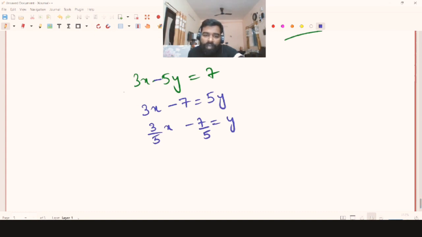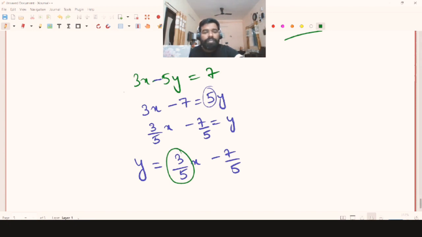That's the reason I have crossed this 5 to the denominators. So now you can see that y is equal to 3 by 5 x minus 7 by 5. This is the slope; as you compare with slope intercept form, you get m1.